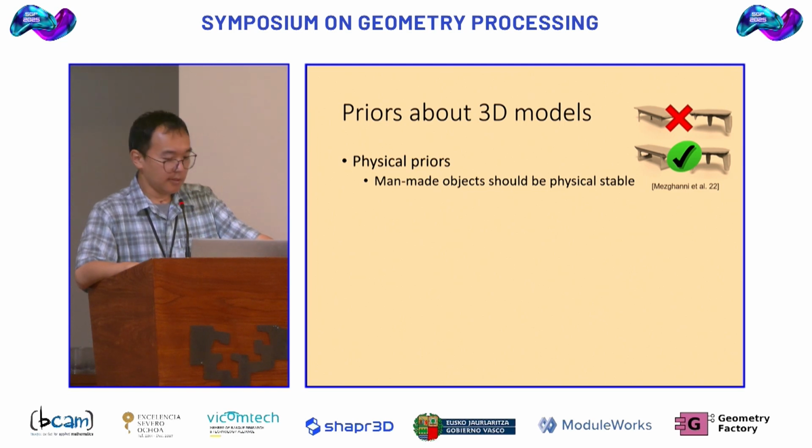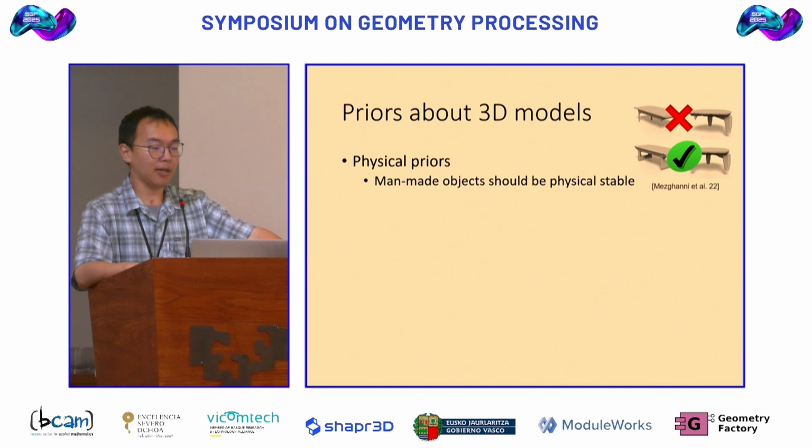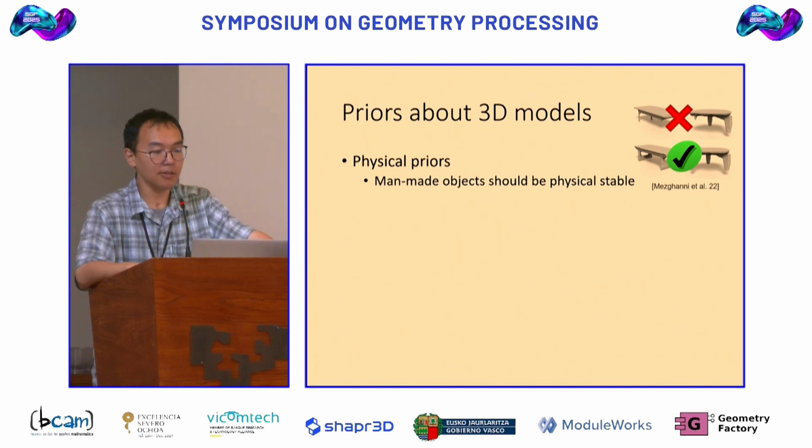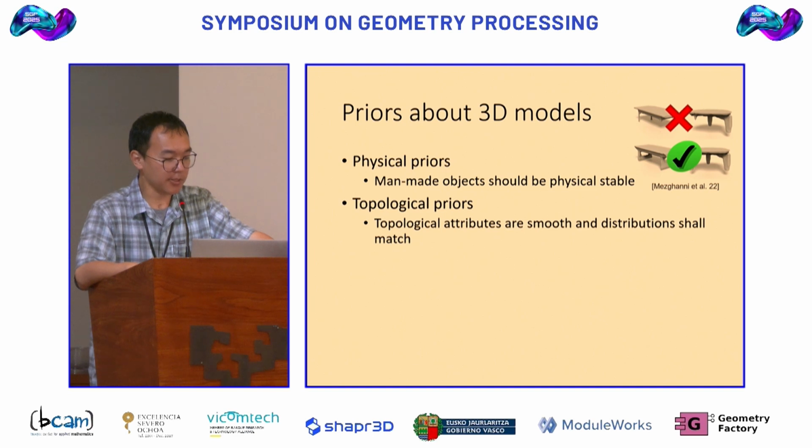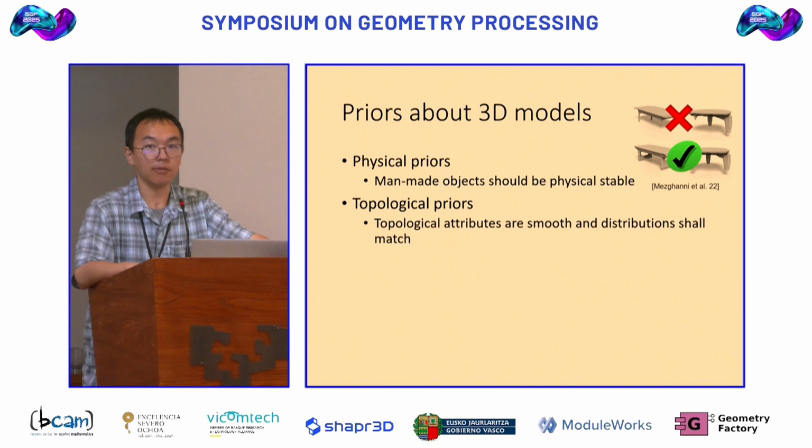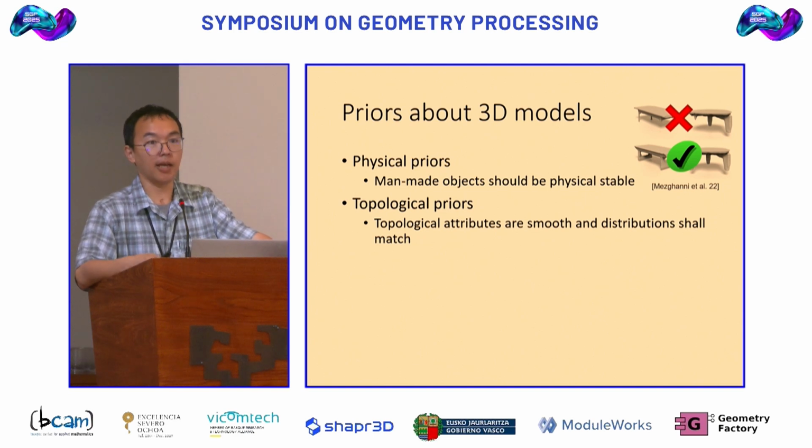In fact, if you use standard generative models to generate 3D shapes, many shapes are not physically stable. Many shapes also violate topological priors. What are topological priors? A shape has to be connected.